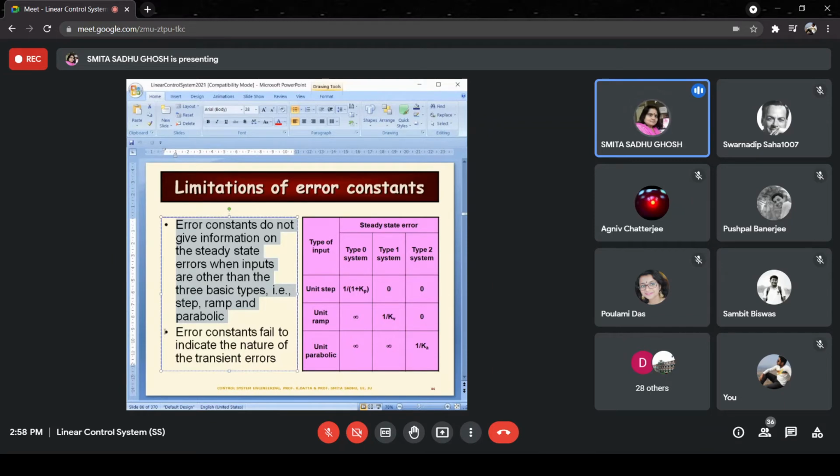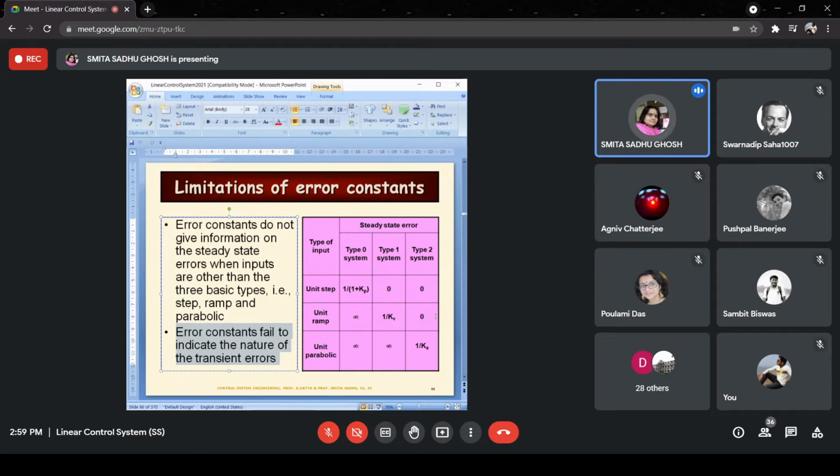Another limitation of error constants is that they fail to indicate the nature of the transient errors. As we already spoke about, we are able to find the steady state errors by using the error constant, but not the transient errors. By transient errors, I mean when you have a response, it will be oscillatory. In general, a response will have a few oscillations going up and down, and then it may reach a steady state if all goes well.